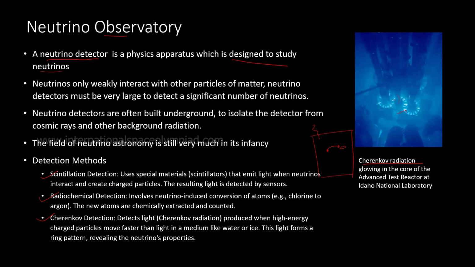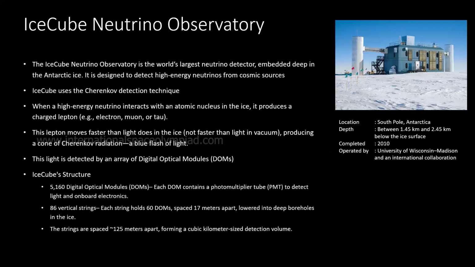Their observatories are so different and interesting to see. One is the IceCube Neutrino Observatory. This is the IceCube Neutrino Observatory, which is located at the South Pole, Antarctica. And see the depth. It is 1.45 to 2.45 kilometers below the ice surface.